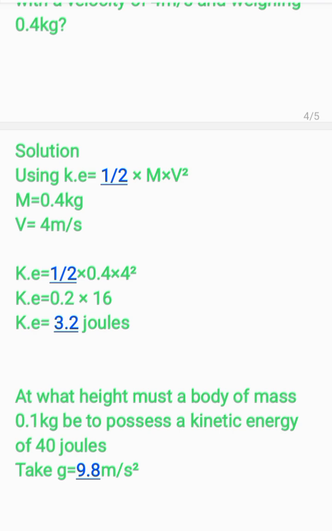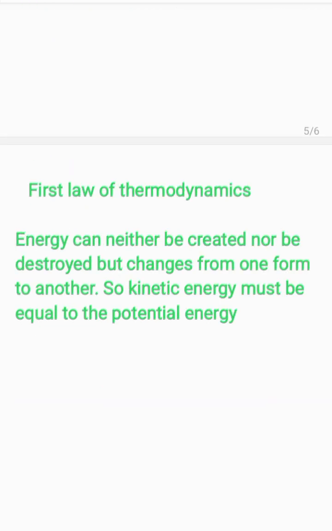Now, obeying the first law of thermodynamics, which states that energy can neither be created nor be destroyed, but changes from one form to another, the kinetic energy of that body must be equal to its potential energy. That is, energy is interchangeable.